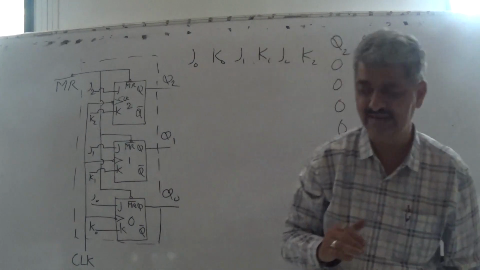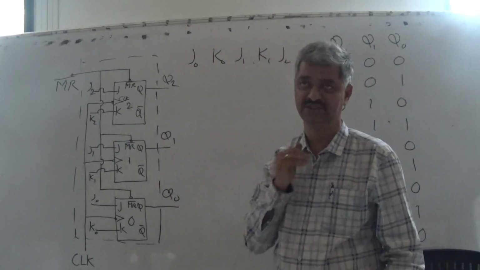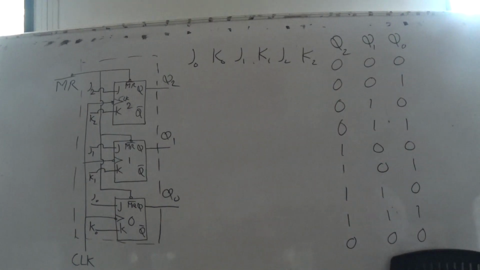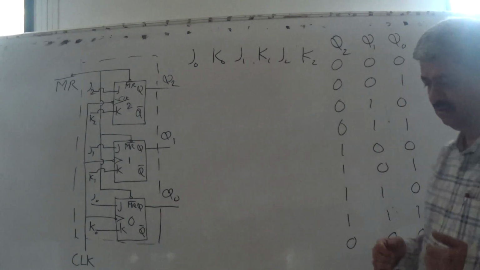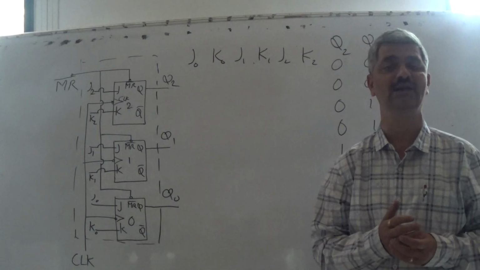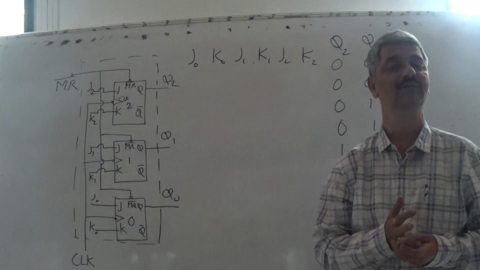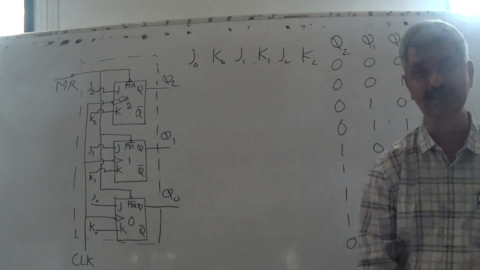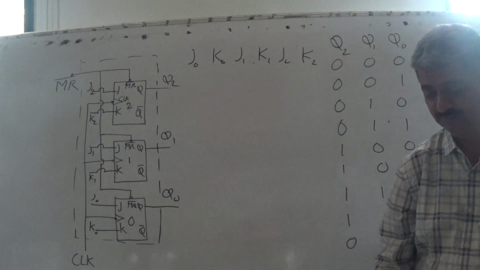I find that flip-flop number 0 in the 3-bit counter always toggles. So when it always toggles, what kind of input combination gives me toggling output? J equal to 1 and K equal to 1 gives me toggling output.